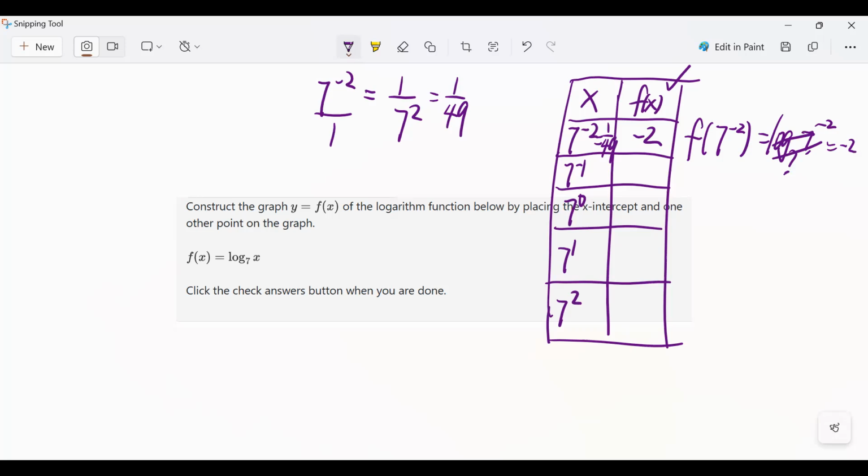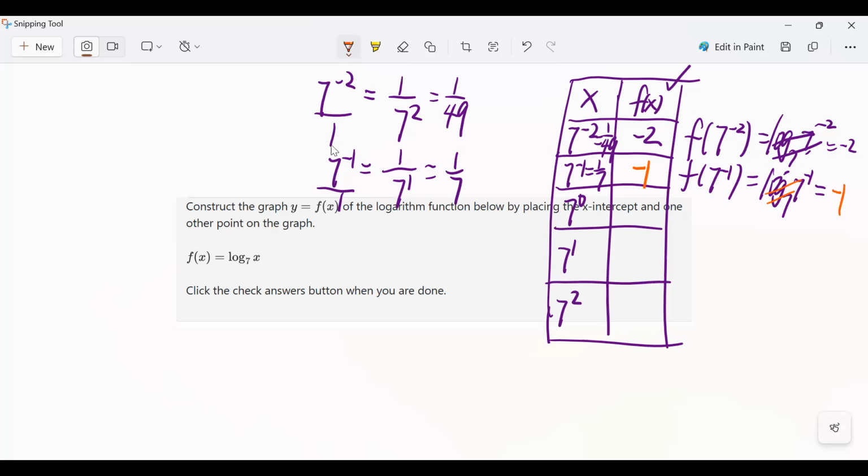For 7 to the negative 1, it's 1 over 7 to the first. Negative exponent, flip to the bottom, 1 over 7. And f of 7 to the negative 1 will be log base 7 of 7 to the negative 1. Again, this whole thing gets cancelled, negative 1 goes in the front and becomes the coefficient, so negative 1.